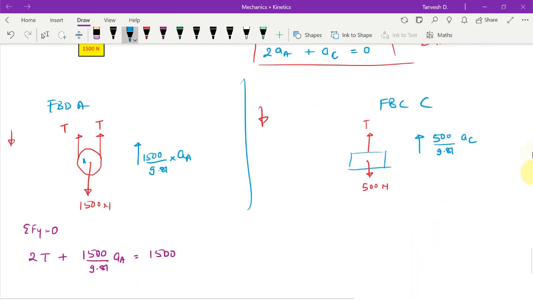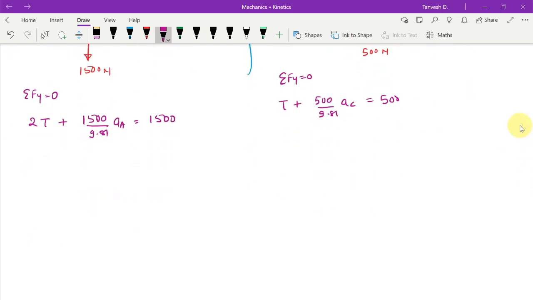Okay, so these are the forces that we have here. What do we get when we apply summation Fy equals to 0? We get T plus 500 by 9.81 times aC equals 500. So we can find T in terms of aC. So T will be equal to 500 minus 500 upon 9.81 into aC.